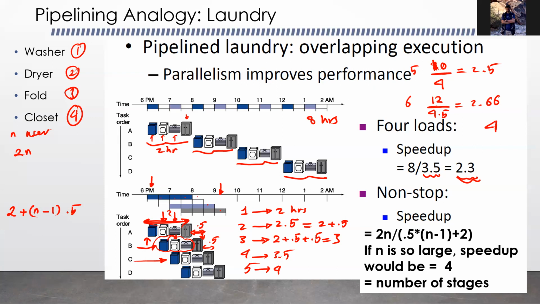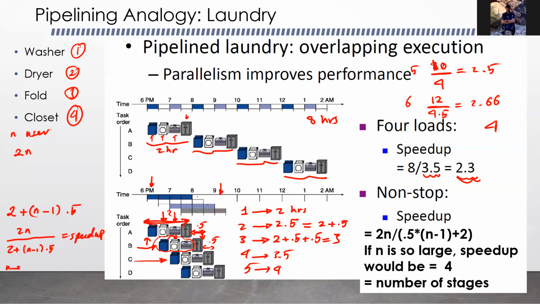But the other users, n minus 1, their delay can be high, but it is hidden because of the pipelining. And if you divide 2n by 2 plus n minus 1.5, this will be the general speed up formula.